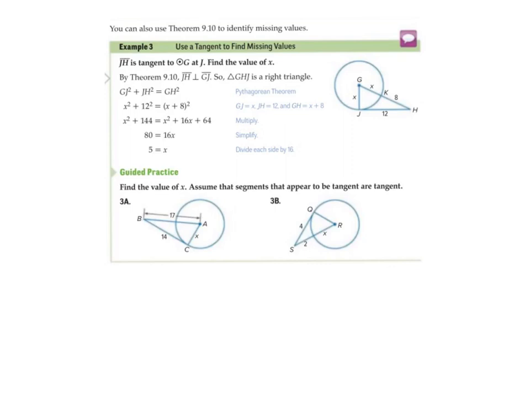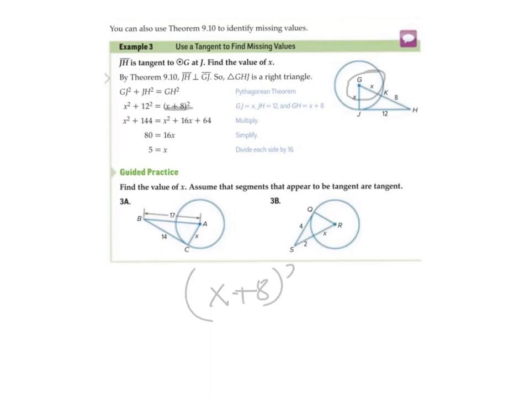All right, now finding the missing values. As you can look at the diagram here, your radius is missing. It's x in this case. And as you can see from the example, the hypotenuse is 8 plus x, and you have to square it. Okay, well, go back to what you did in Algebra 1.